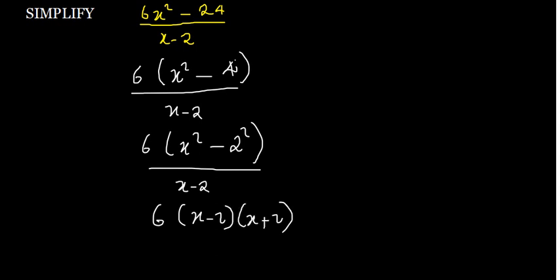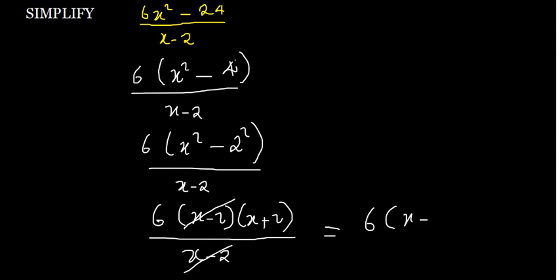That's a difference of 2 squares. And then down we have got x minus 2. So this x minus 2 and this x minus 2, they'll cancel out. We're going to remain with 6, open brackets, x plus 2. Is that okay? Yes, it's okay. Right.